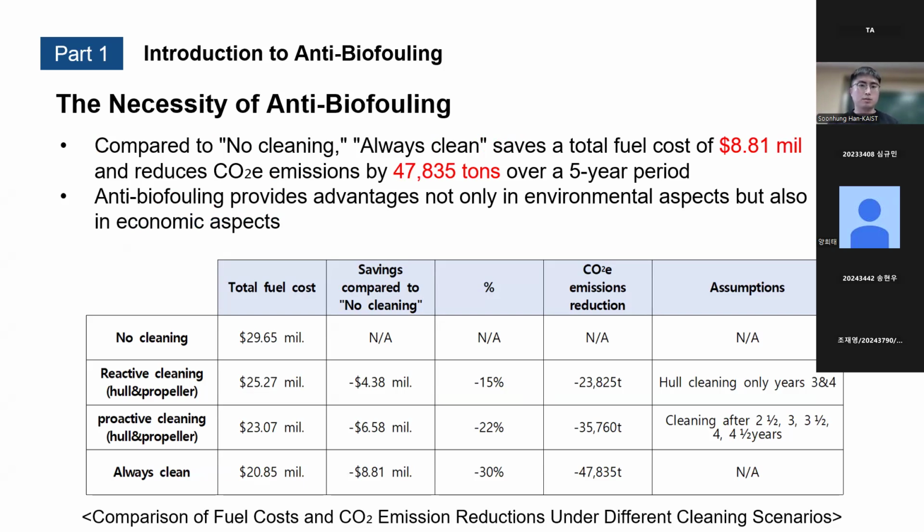Compared to no clean, always clean saves a total fuel cost of $8.81 million and reduces GHG emissions by 47,835 tons over the 5 year period. And antifouling provides advantages not only in the environmental aspect, but also in the economic aspect.